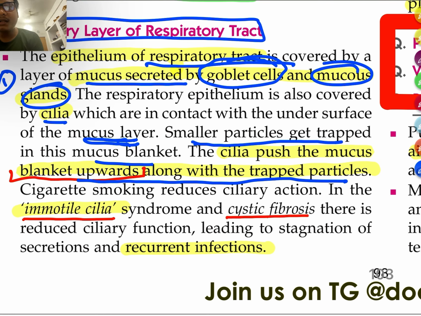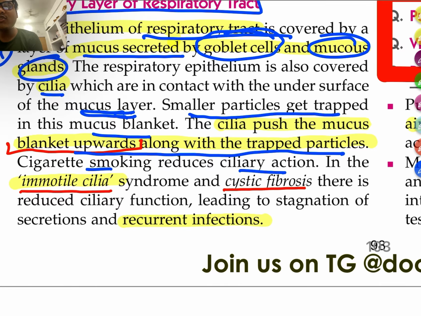and the cilia push the mucus blanket upward along with the trapped particles. Next, cigarette smoking reduces the ciliary action, and immotile cilia are seen in cystic fibrosis. As we all know, inhaling cigarette smoke decreases the motility of the cilia.